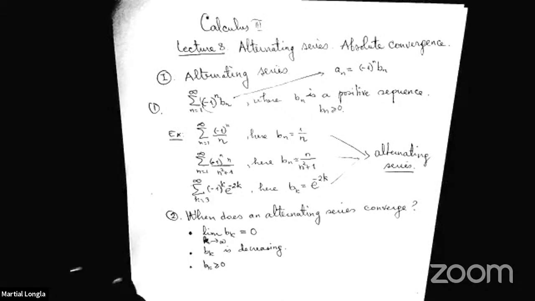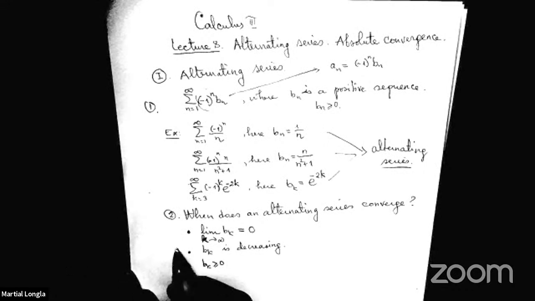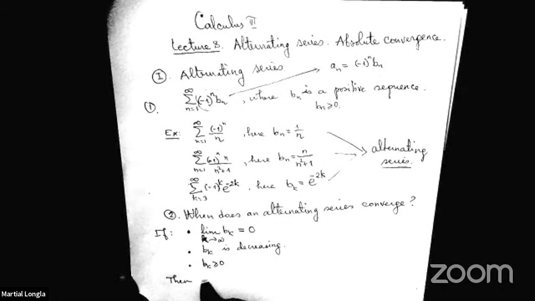If you have these three conditions, then the sum from n equals 1, or k, to infinity of (-1)^k b_k converges.